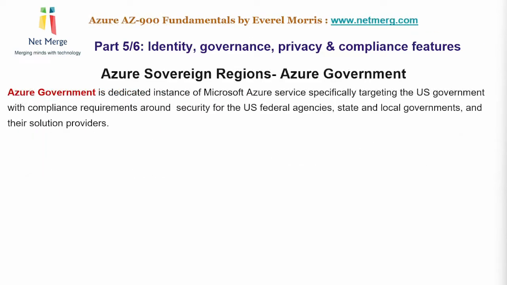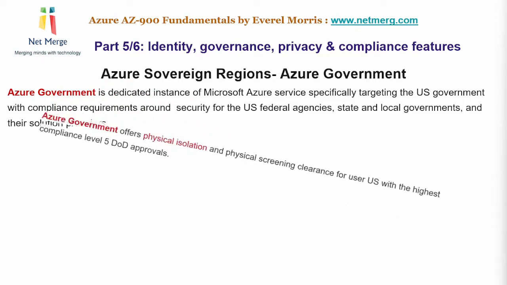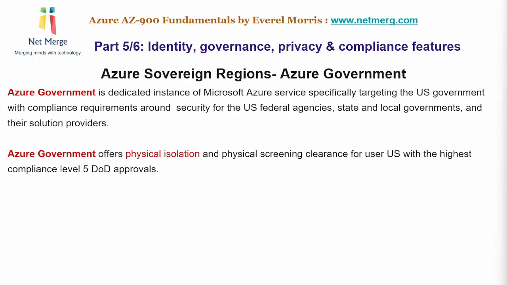Now we're going to take a look at the Azure Government region. We're going to look at Azure Government and its dedicated instance of Azure. Remember we talked about dedicated servers and they're still in existence. Well, the US government actually uses dedicated servers for their government services. This is a service offered by Azure where you get physical isolation.